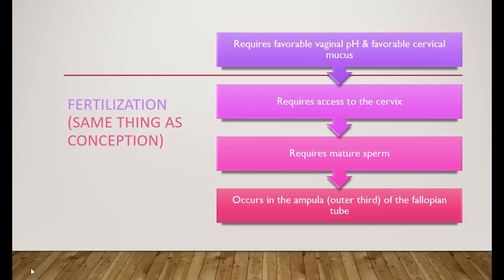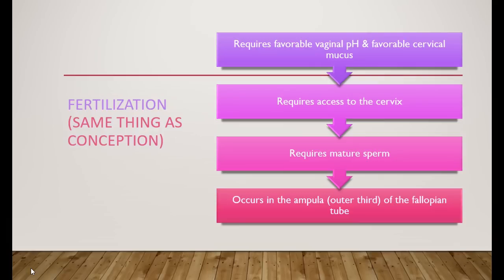So how does this whole process start? Well, fertilization and conception, first understand that those are the same terms. They mean the moment that that egg and the sperm get together. It requires favorable vaginal pH and favorable cervical mucus. Now, women have cervical mucus around their cervix at all times. It kind of protects from invading organisms from the vaginal tract.